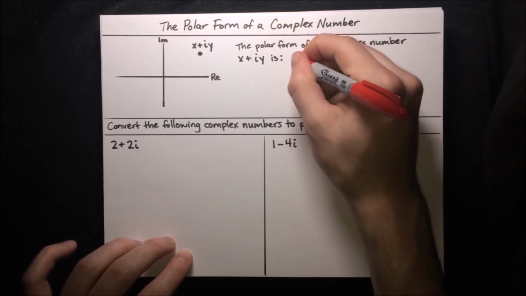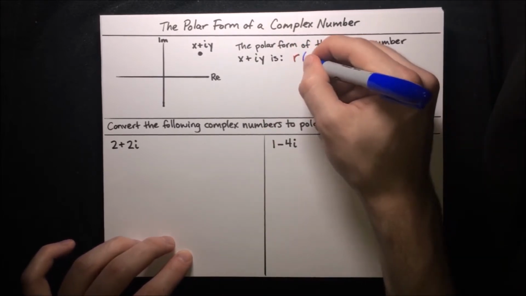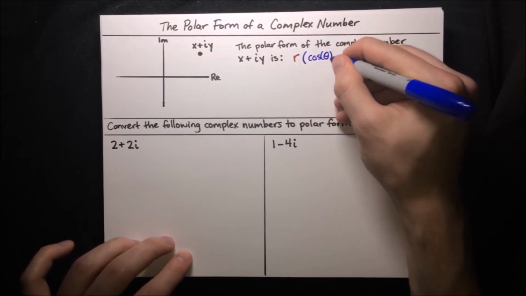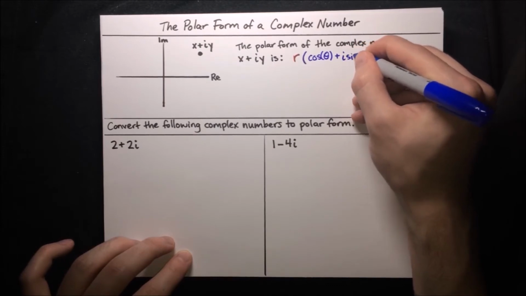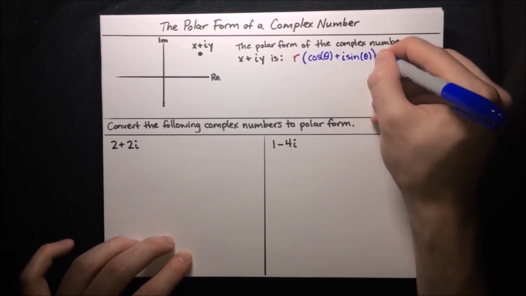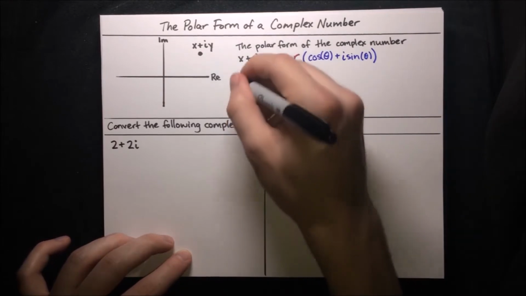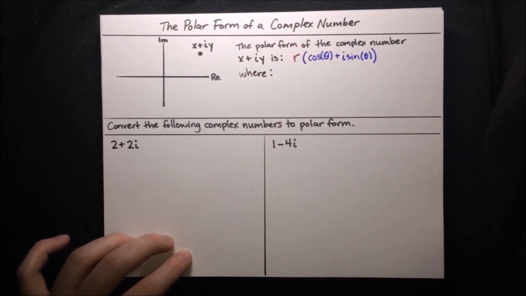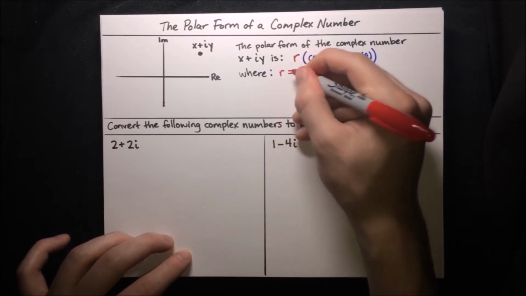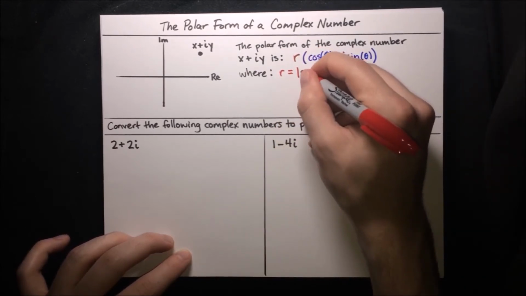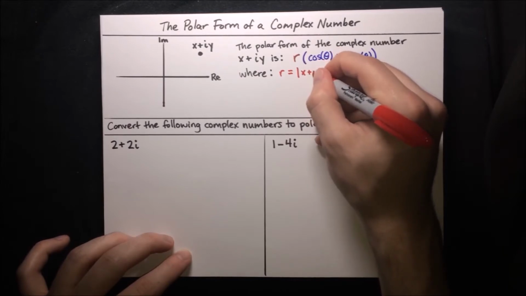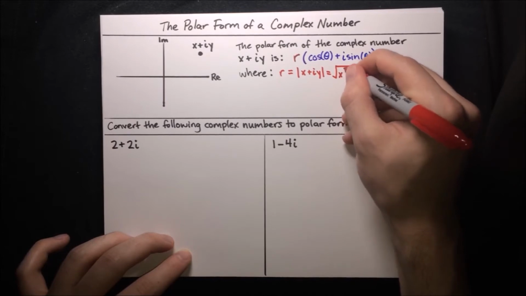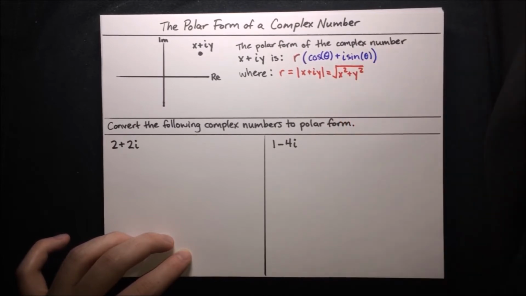A number r times the expression cos theta plus i sine theta for some value theta, where r and theta are defined as follows. r is equal to the magnitude of our complex number. The magnitude of x plus iy is just the square root of x squared plus y squared.